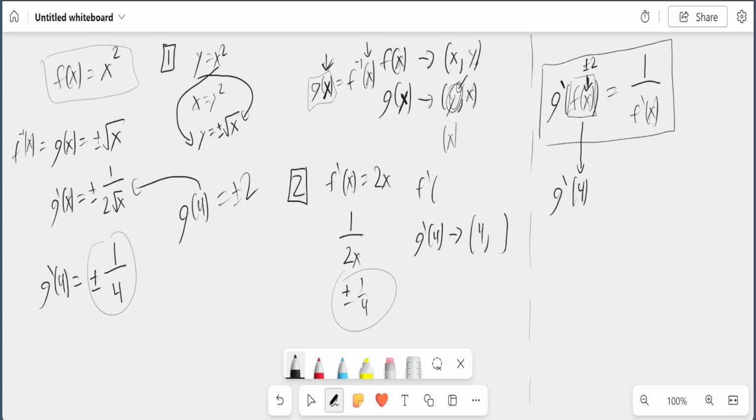Well, f prime of x, you plug in x and you get 4, right? Because we have f of x in our shortcut, we need to figure this out instead of just plugging it straight, because we can't always find the inverse. So does that make a little bit more sense?